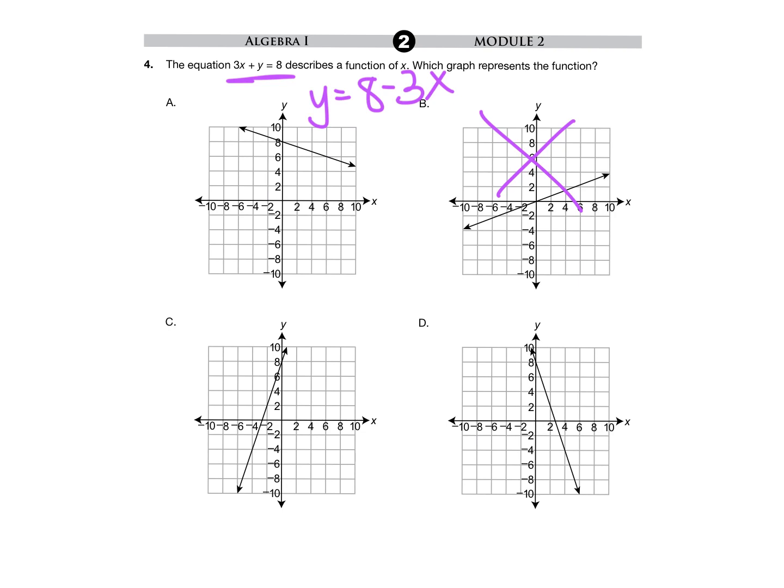And then I need a negative slope for that minus 3x. So again, now I can eliminate C because that's a positive slope. And comparing the differences between A and D, the slopes are different. In this case, this has a slope of basically 1/3, where this has that slope of 3/1, or negatives on those guys. And that's why D is your best answer on this.